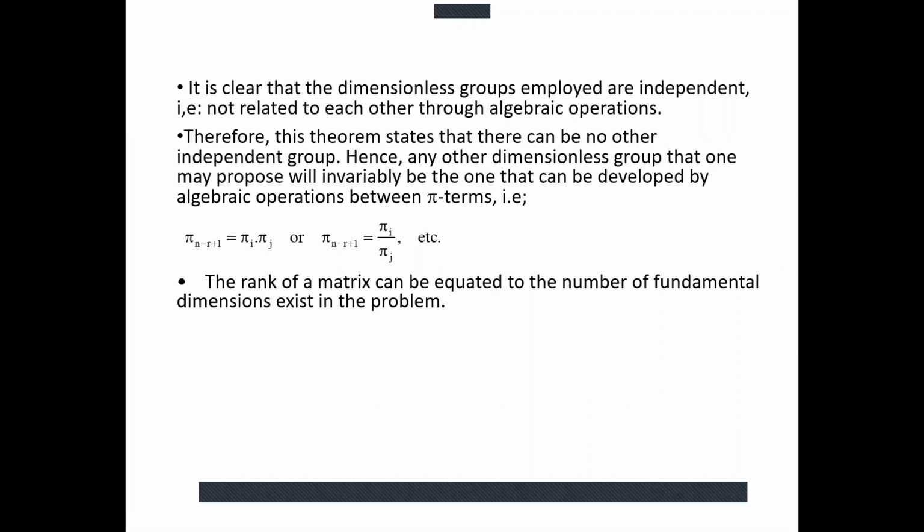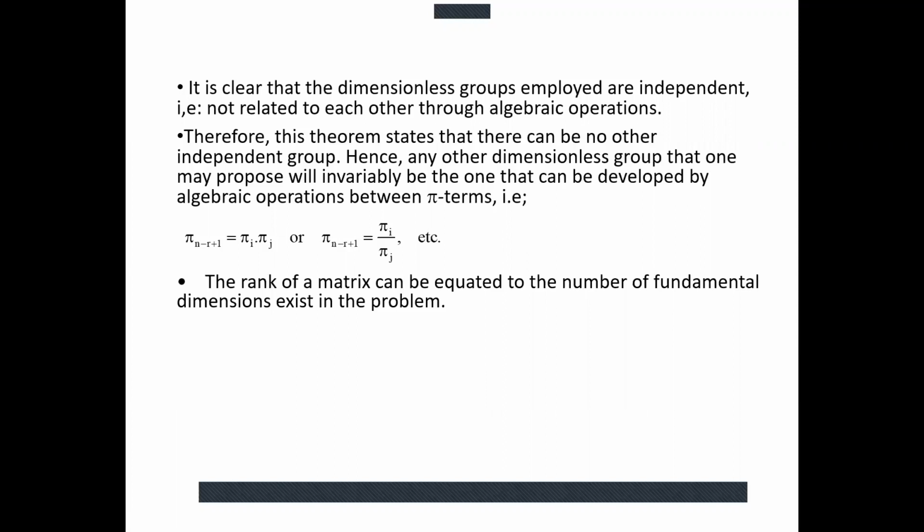You can see that if we make algebraic operations between pi terms, we can obtain different pi terms than we obtain from our problem. The pi terms that we have in our problem cannot be obtained from our set by using algebraic operations.